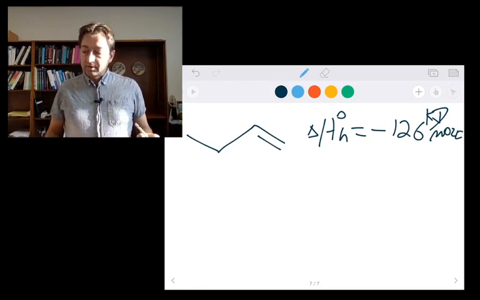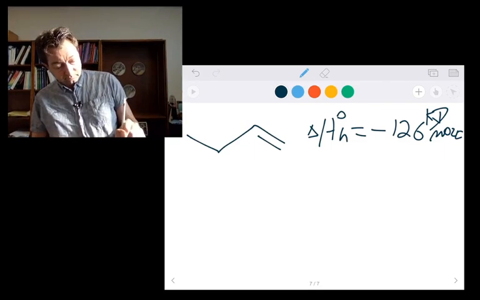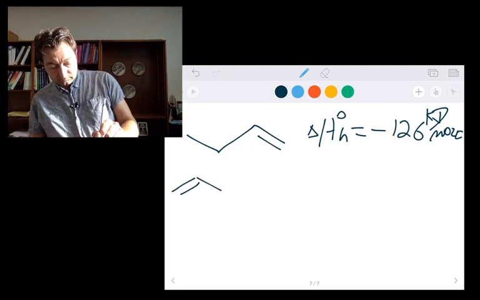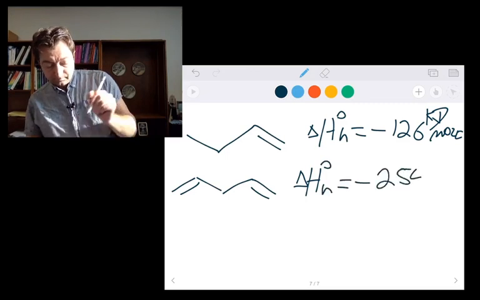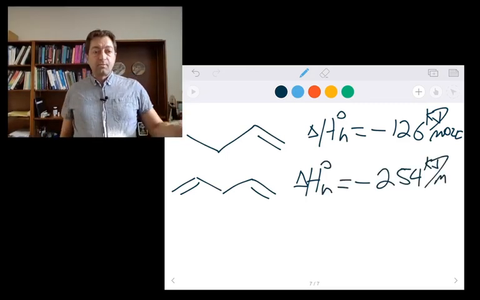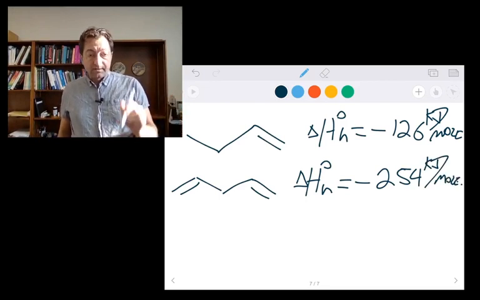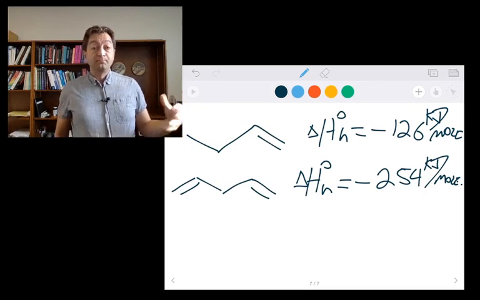Now I'll take another look at a molecule with two double bonds in it. We've got two double bonds in this particular molecule, 5 carbons long. There's a carbon in the center that's sp3 hybridized, 254 kilojoules per mole. And so far so good.